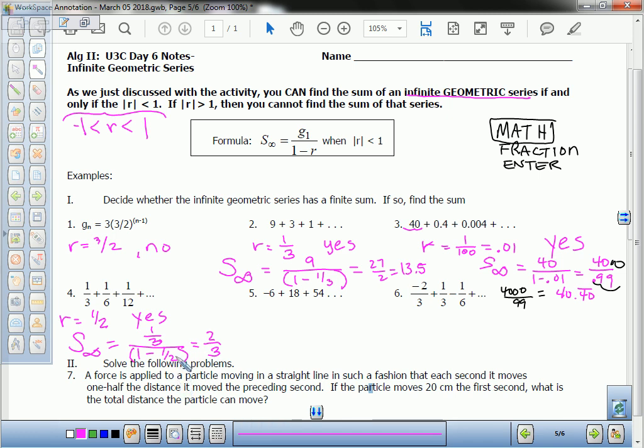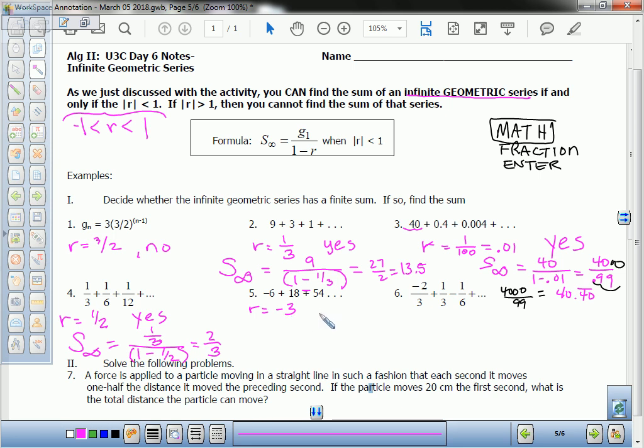All right, number 5. Can we do it? No. No, you're right. It's not geometric, is it? I want it to be geometric, but it has a problem. It just isn't. It's just weird. This should be negative if it's geometric. So it's not even geometric. But even if this were negative, my ratio would be -3.